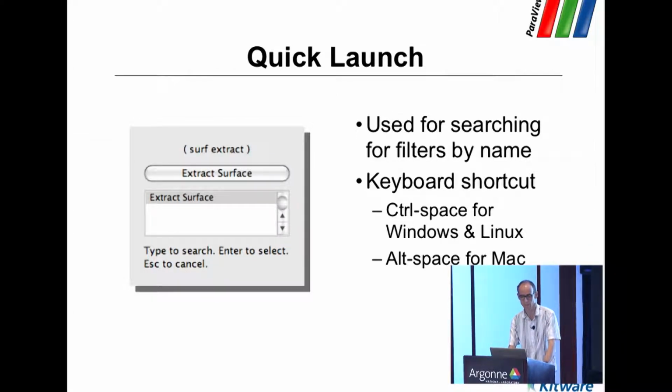So for instance, for extract surface, you can type a group of letters, the surface, and then extract. That's going to select the filter that you want. Control space will bring up this quick launch in Windows and Linux. Alt space will do it for Mac.